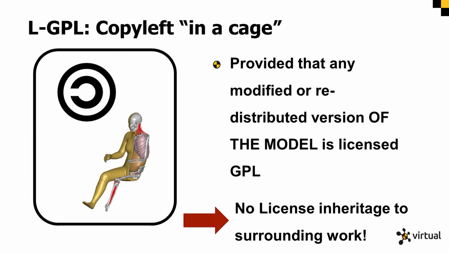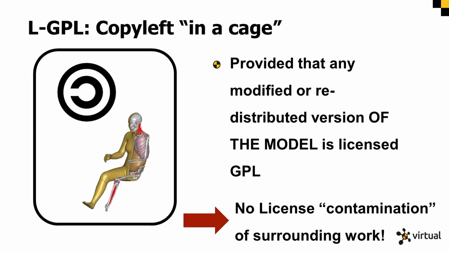So the license inheritance only applies to the actual model. If you now use the model and embed it into a surrounding work, then the surrounding work does not inherit the LGPL license. And that means you can prevent the so-called license contamination of the surrounding work.